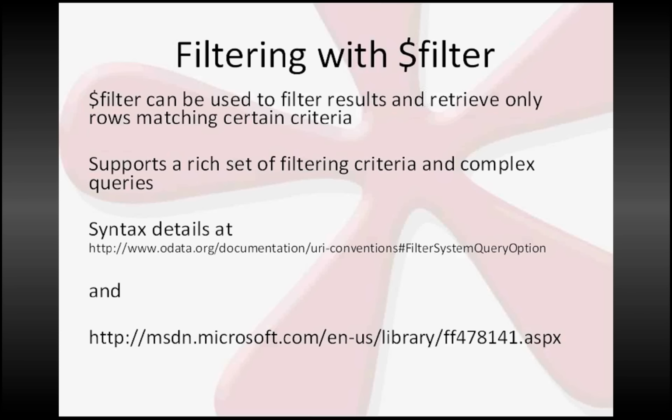And I recommend you checking out these two URLs here at odata.org and Microsoft. The OData one is a bit more concise, so I'd recommend checking that one first. So what does filter allow you to do?